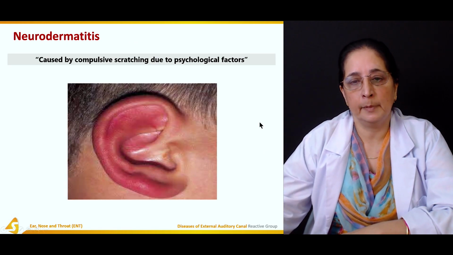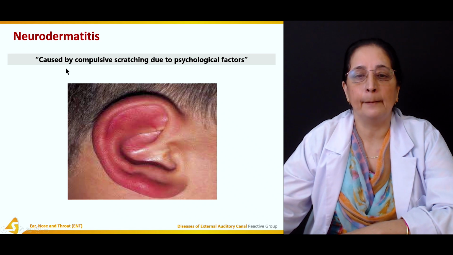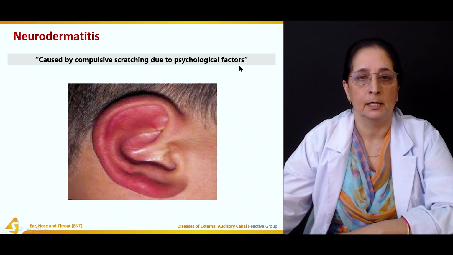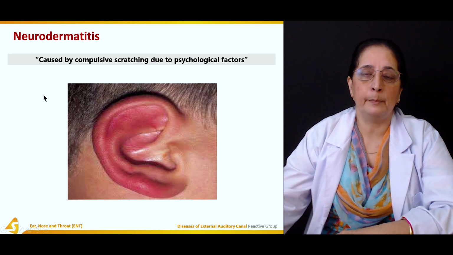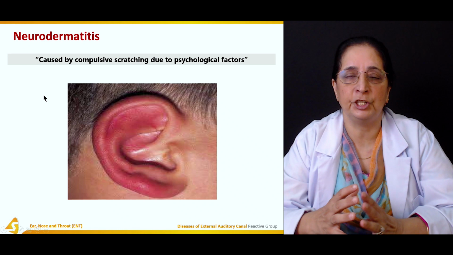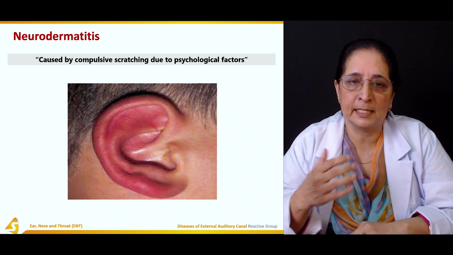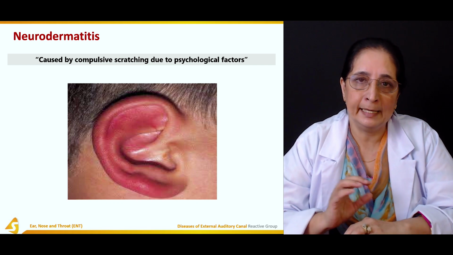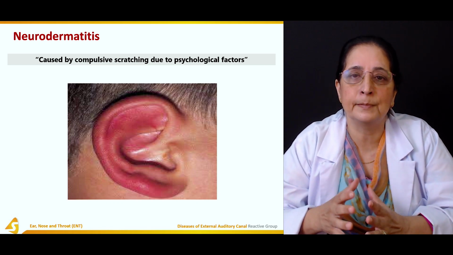Neurodermatitis. Neurodermatitis is caused by compulsive scratching due to psychological factors. As the name shows, neurodermatitis. So a lot of excessive, compulsive scratching. They feel the need to scratch and usually cannot stop scratching.